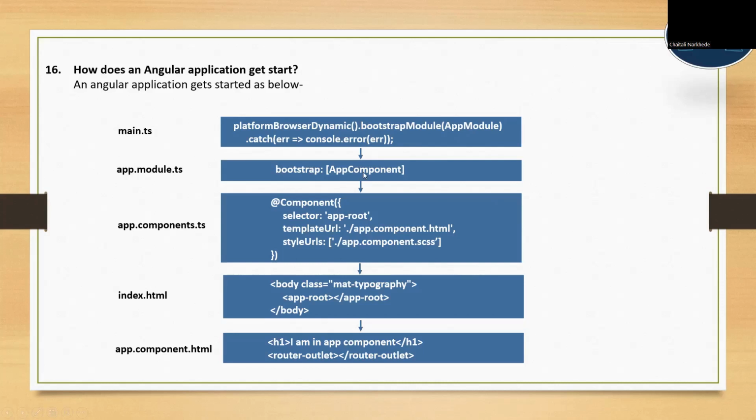Then it goes to that component, app.component.ts, in which we have defined selector, templateUrl and styleUrl. So it will go next to index.html. Here we have to define the selector of your component so that it will get rendered. And then the last one is app.component.html. You have to define some HTML for your HTML page. So in this way, an Angular application gets started.